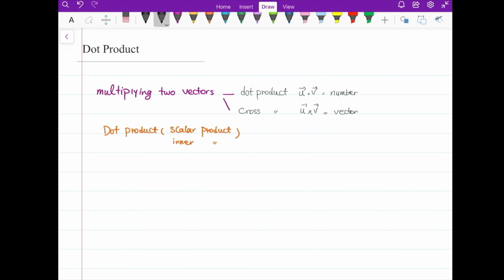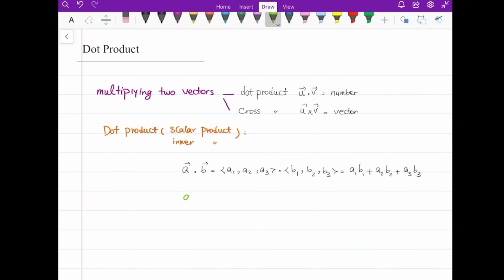If we have two vectors, a dot b, the vector a with the components a1, a2, and a3, and the vector b with the components b1, b2, and b3, the dot product would be a1 times b1, plus a2 times b2, plus a3 times b3. Since the components are just numbers, we multiply numbers together and then we add them up. That's why the answer for a dot product would be just a number.